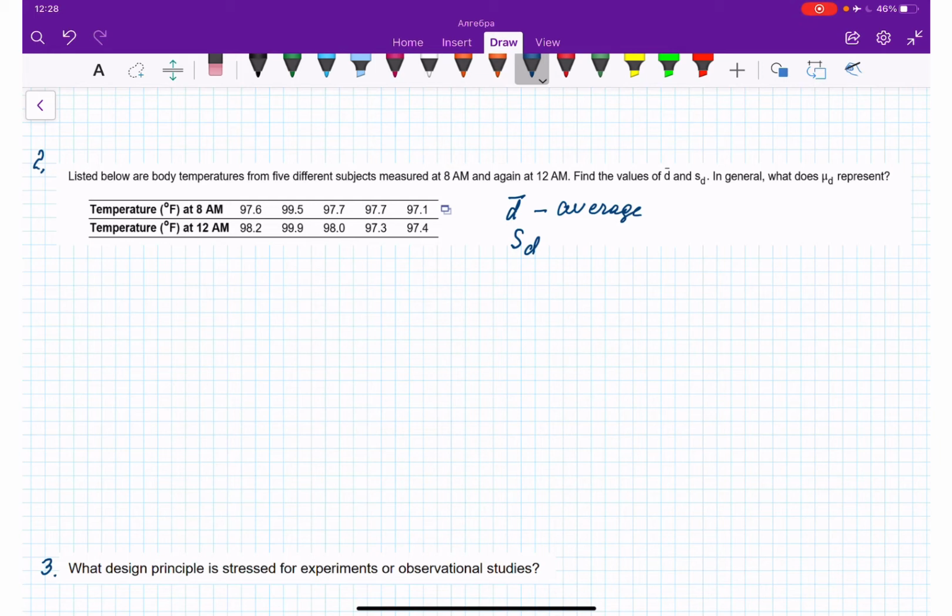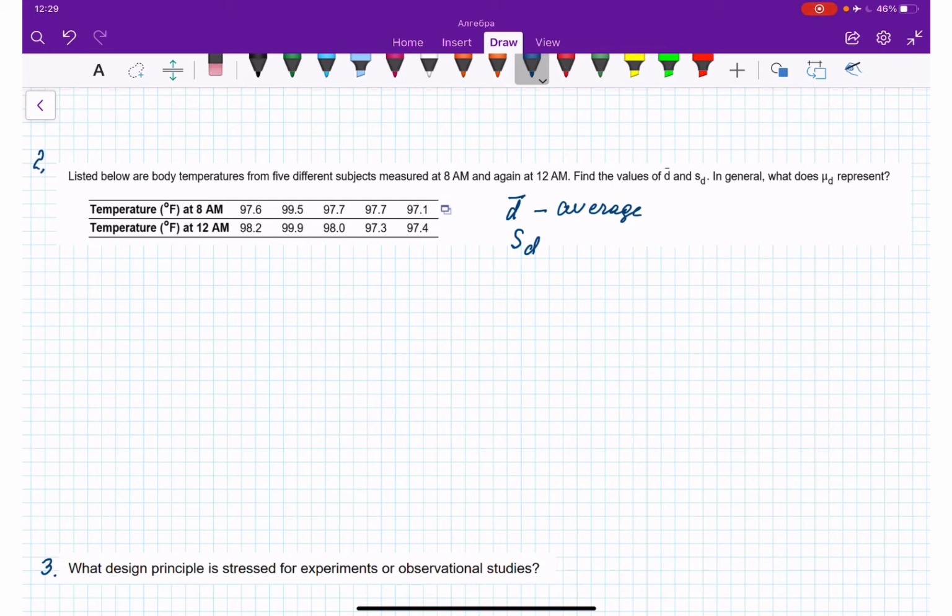So let's start working now. Formula for standard deviation. Because the formula for standard deviation is also going to include the average, I'm starting from there.